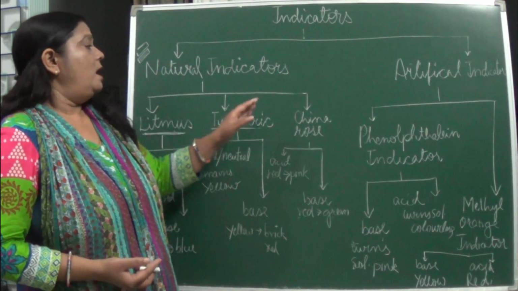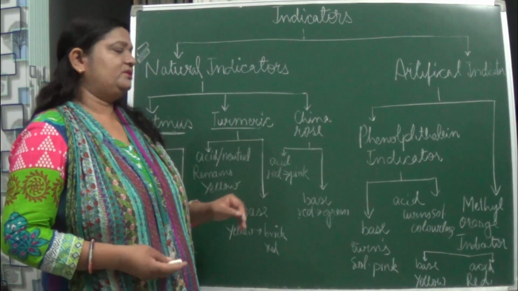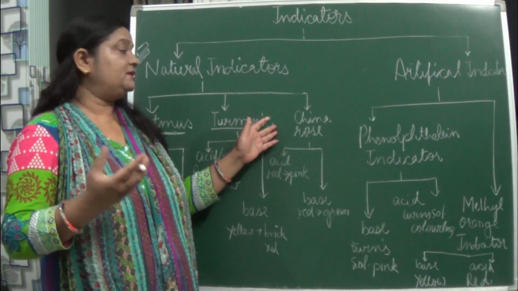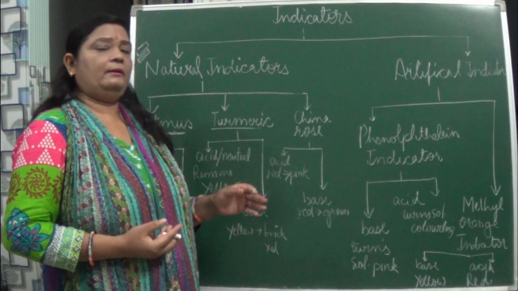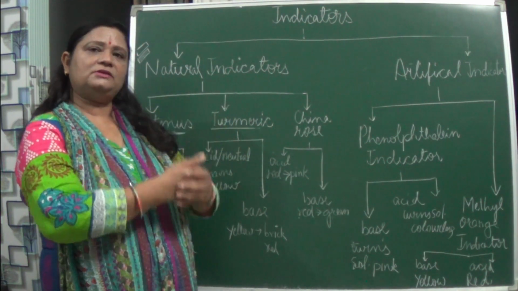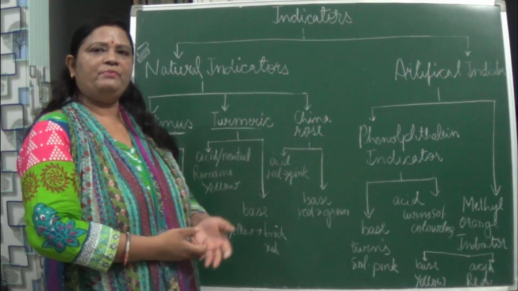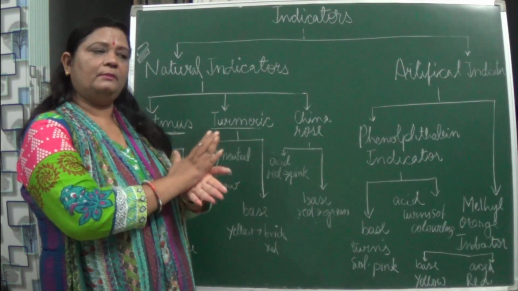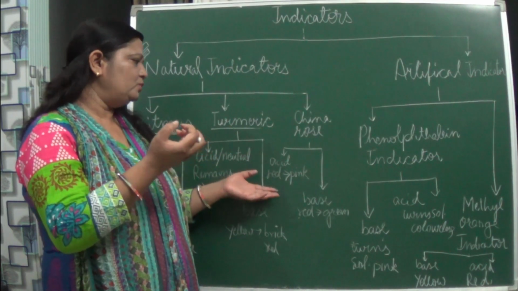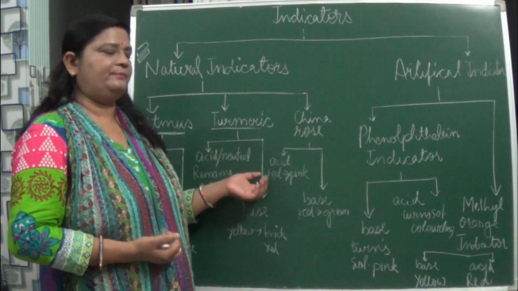Now next is China rose, that is gudhal ka phool. I think every house has this. Just take the petals of this China rose flower, crush them, and take out the juice from the petals.